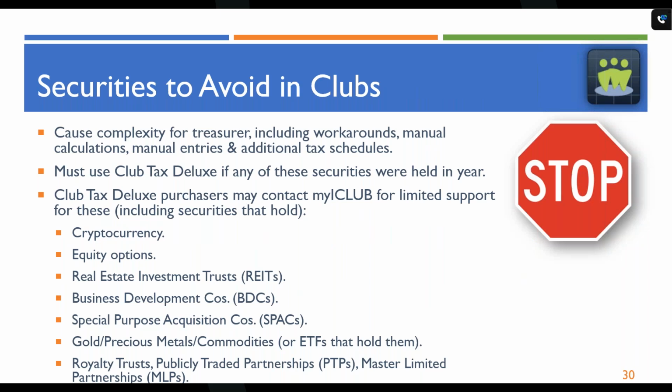There are special rules for those on the capital gains. Then royalty trusts, and then publicly traded partnerships of any kind, limited partnerships, master limited partnerships. That's because of the K-1 requirement, which you may not get in time to file the club's returns, so you'll be filing for extensions. Okay.